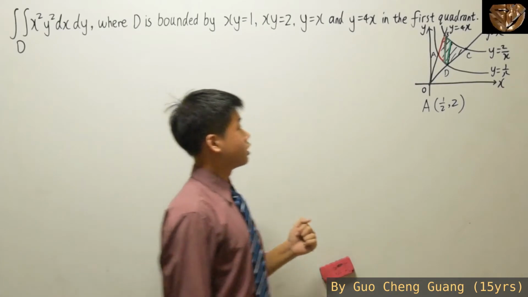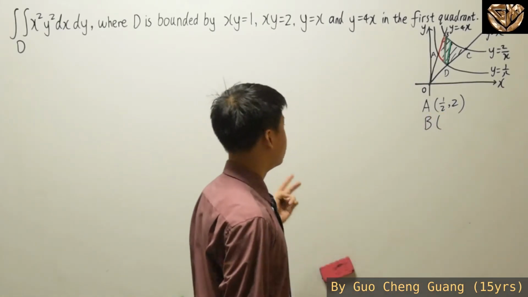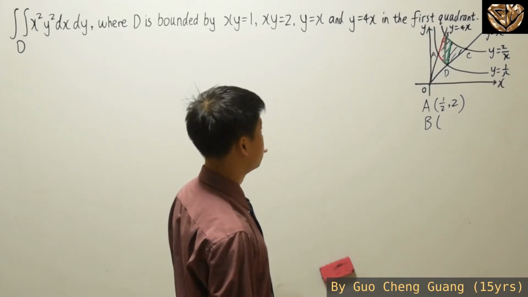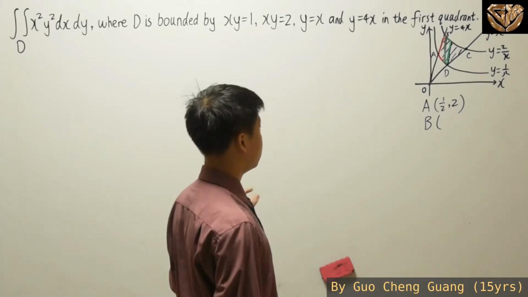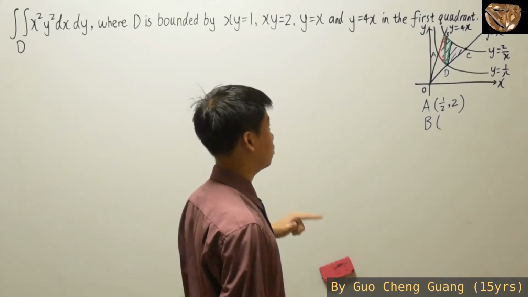Now, let's take a look at B. B is where y is equal to 4x equals y is equal to 2 over x. That means 4x is equal to 2 over x, which is 2x squared is equal to 1.